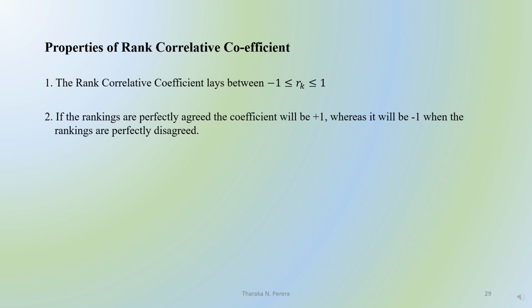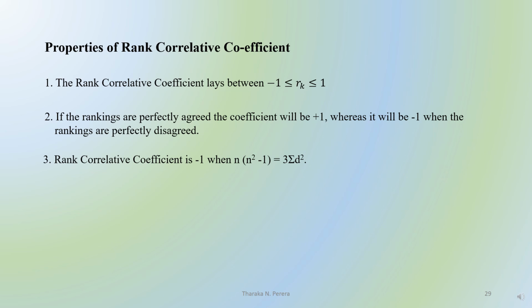In that situation, the rankings perfectly disagree. The coefficient will be -1. The third property is that the rank correlation coefficient is -1 in this situation. You can check this property if you apply these values to the formula.